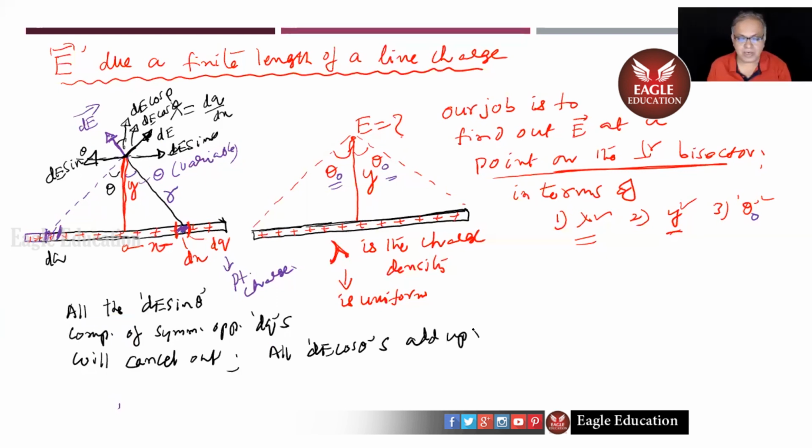So finally, total E will be what? You should also say from here that E is going to be vertically up, because all the dE cos theta are vertically up. So the total E will be the integral of dE cos theta. Of course, I wrote mod E here; I'll simply write the magnitude, and I mentioned the direction separately, so I do not have to put a vector sign.